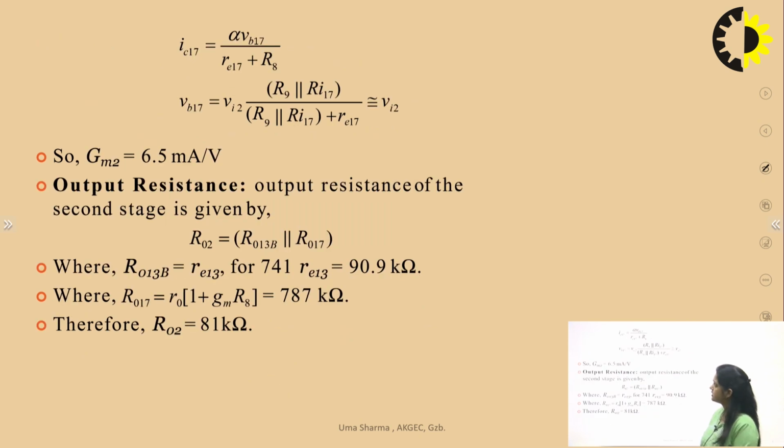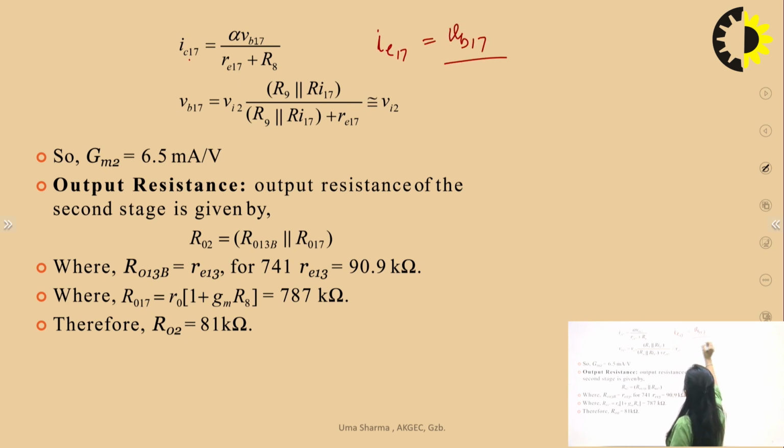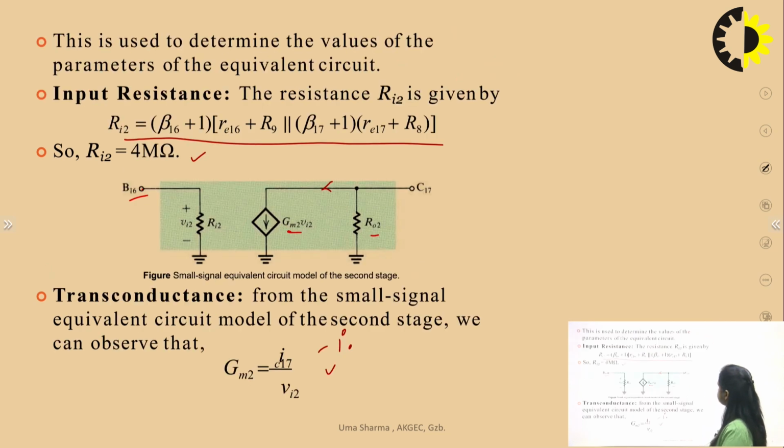From this circuit diagram, the IC17 can be calculated. If I multiply by this alpha, then it will become IC17, and here I can write IE17, that will be equal to Vbe17 divided by Re17 plus R8. From the circuit diagram you can see that.